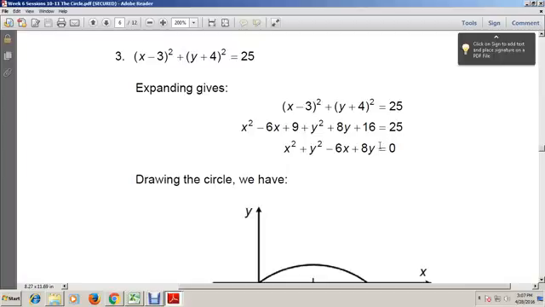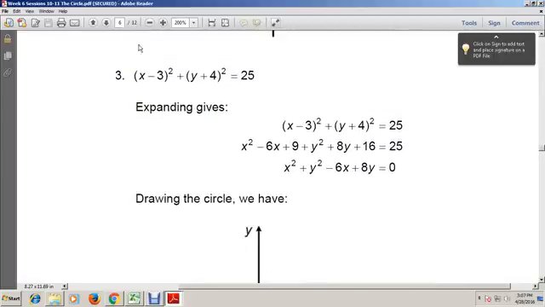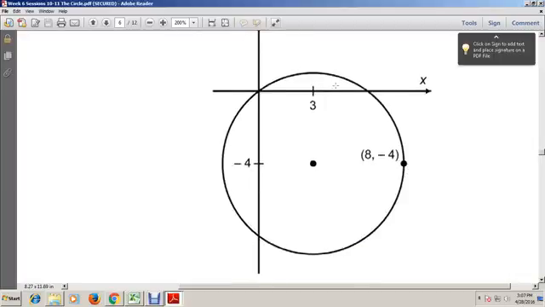Okay, so drawing the circle, the center is at point (3, negative 4). Now, the radius of the circle is 5 units, so if we draw the line from positive 3, 5 units towards the right, we should end up at point 8, so 3 plus 5 equals 8.